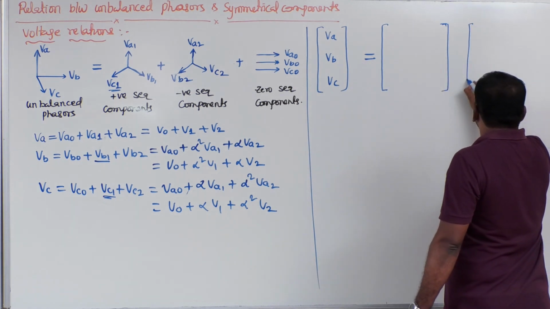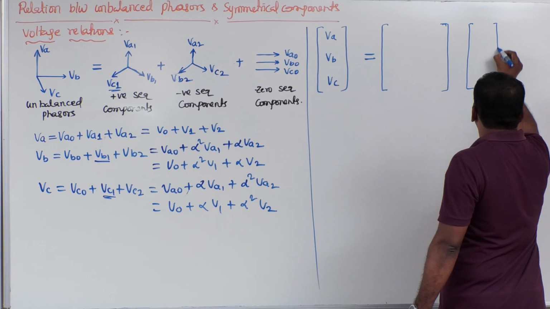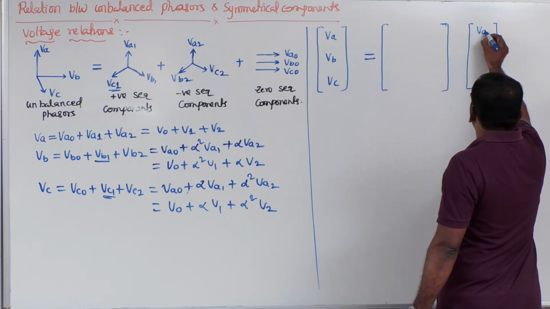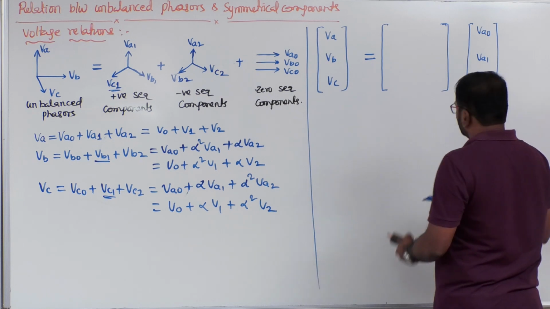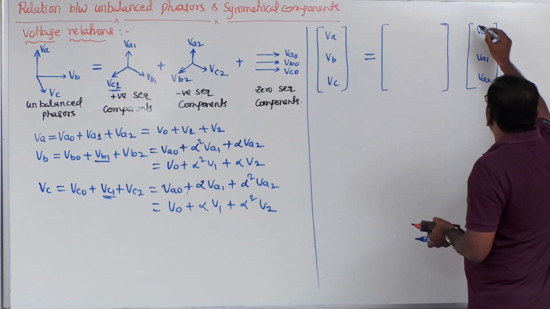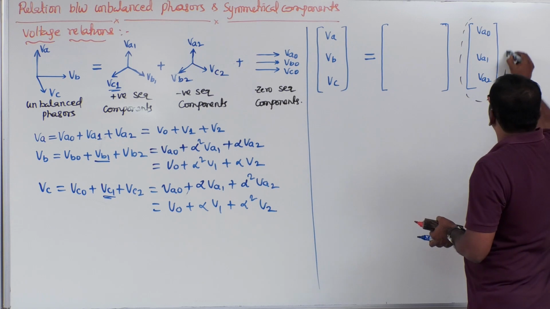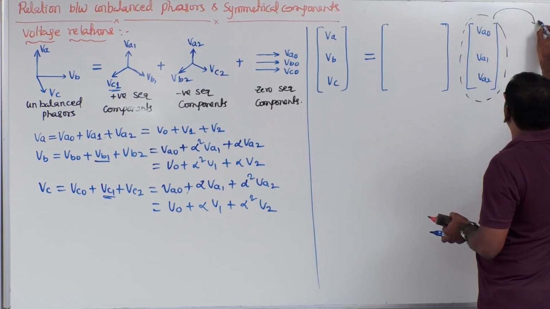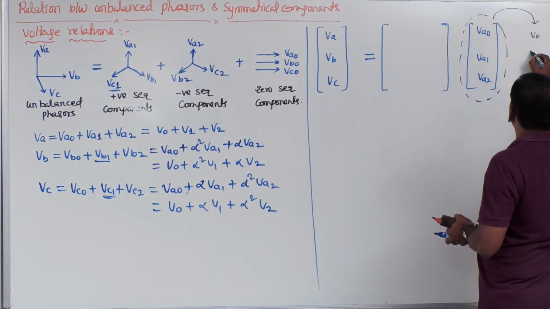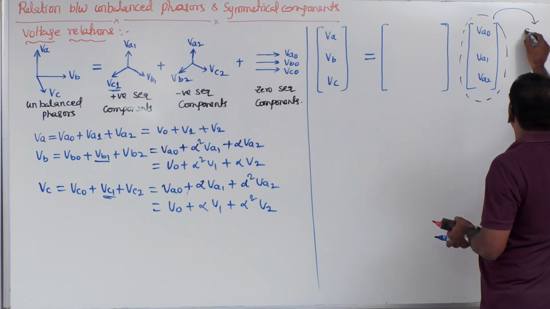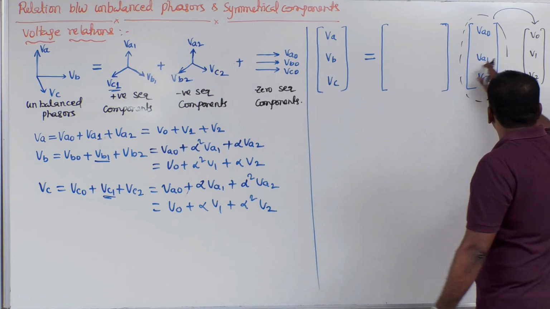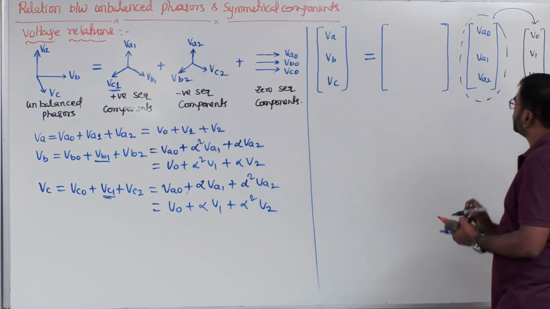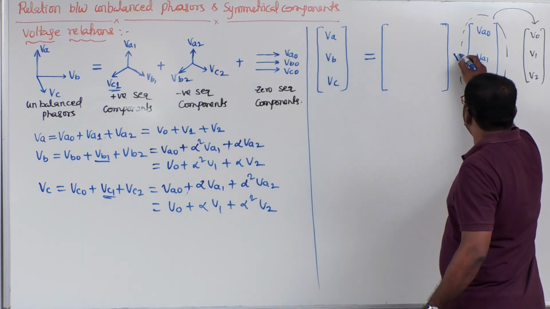So we can write here VA0, VA1 and VA2. Sir, careful. This column is also I can write like this: V0, V1 and V2. Both are same, because VA0 is V0, VA1 is V1, VA2 is V2.